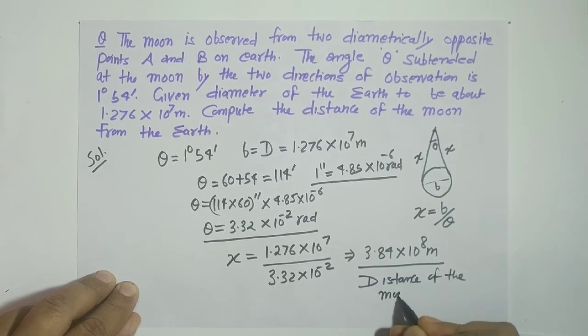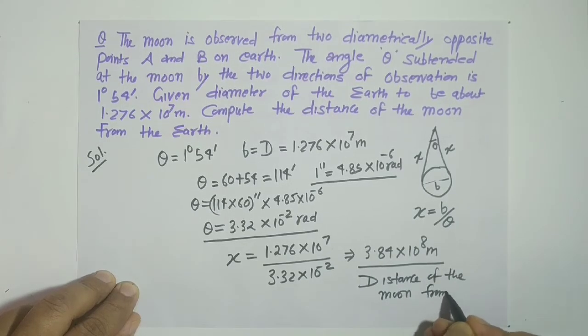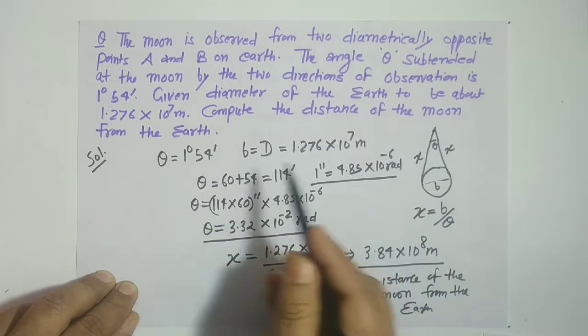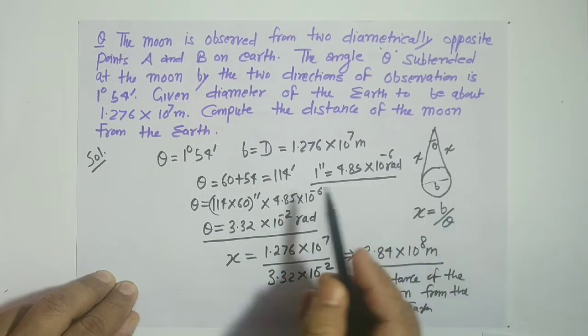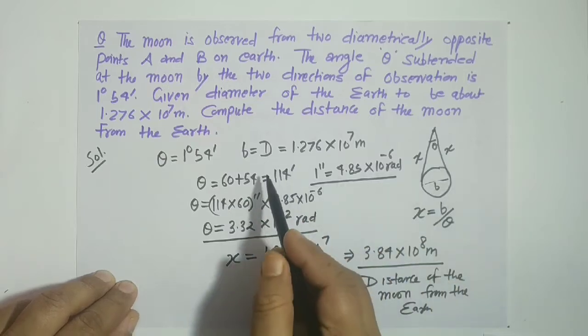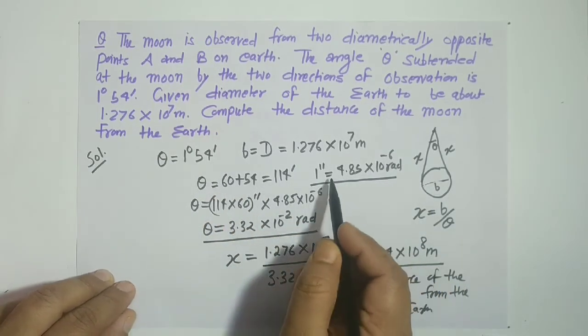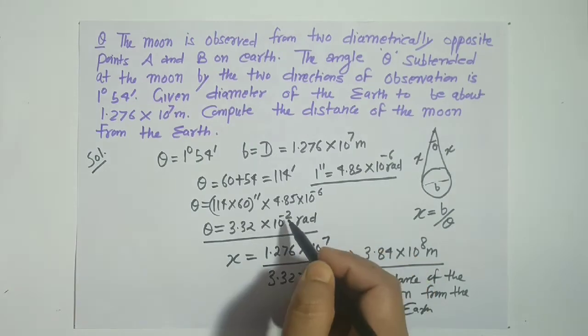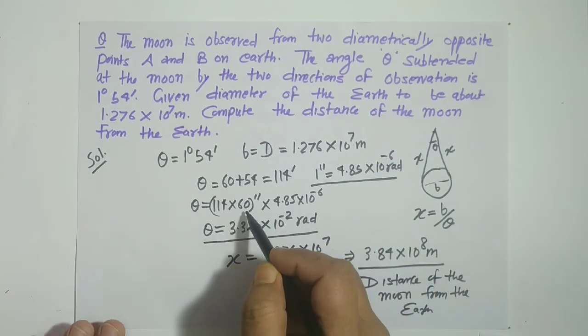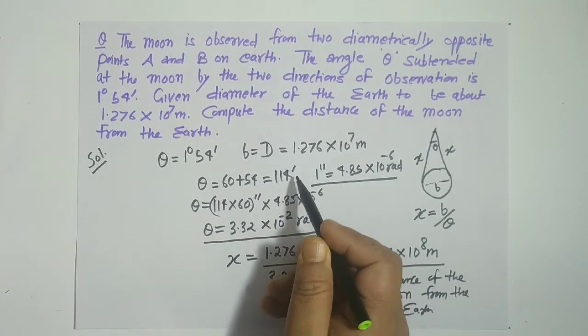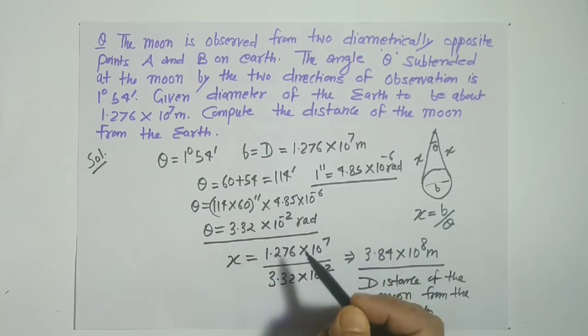So got it? How you have calculated? This is the parallax method you have applied. Again I am repeating: you know the angle, you know the basis, B is the basis, that is the diameter. You convert the angle completely into radians. How do you convert? You have the data of 1 second in radians, and then you multiply by 114 into 60 because it is in minutes, then seconds, and then you calculate theta.